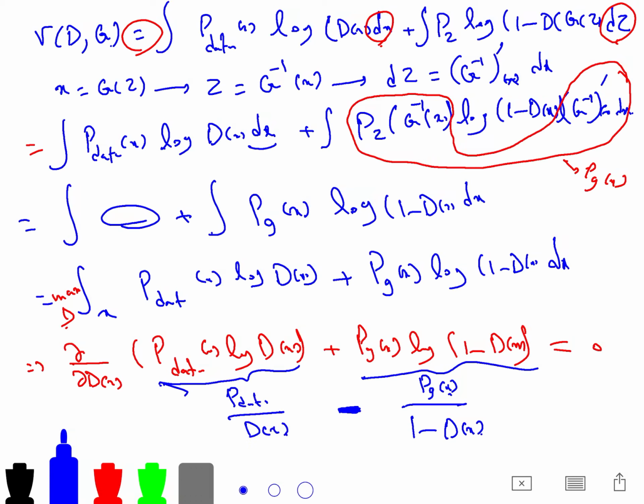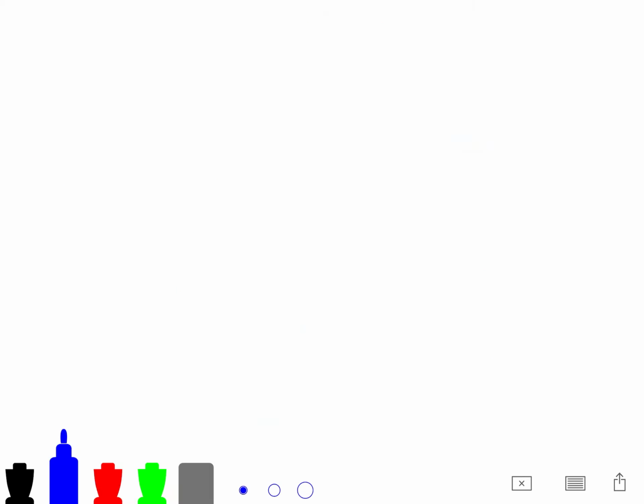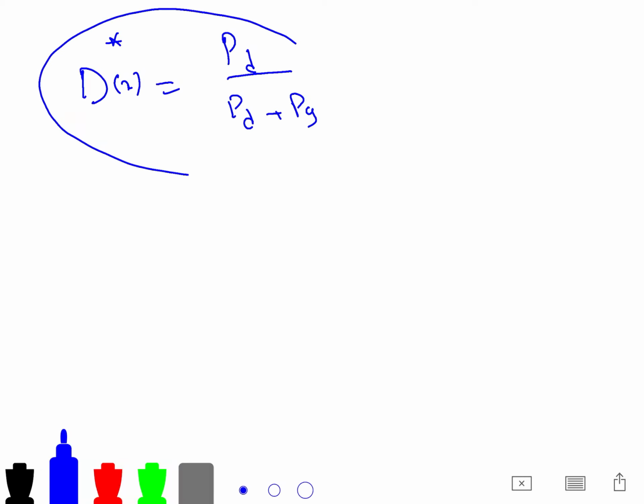D of x. And I said set the derivative equal to 0, and what we obtain is D of x is equal to p data over p data plus pg, what I claimed before. So we proved what I claimed before.